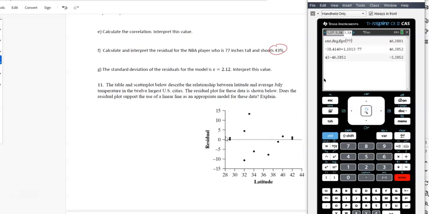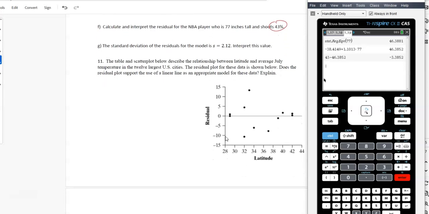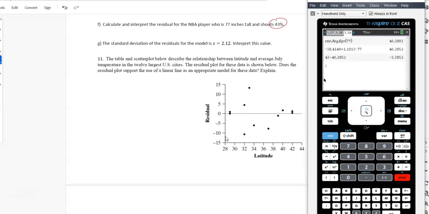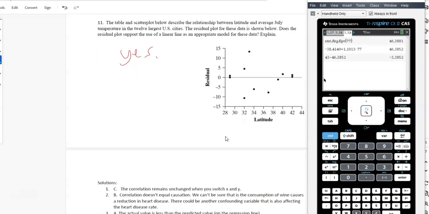Okay, and then the table and scatter plot below describe the relationship between latitude and average July temperature in 12 cities. Does the residual plot support the use of a linear model? It is scattered, so yes. That's the residual plot, not the actual data. Because it shows scatter, it is a good linear fit for this one.